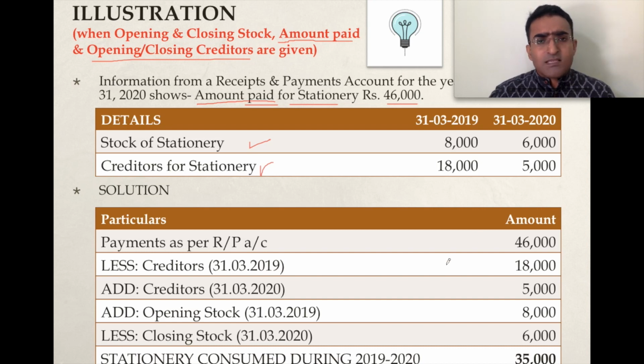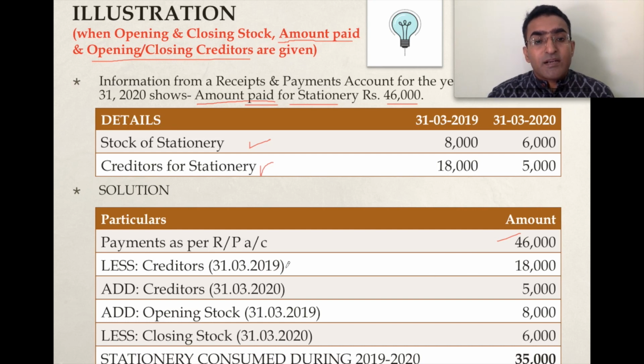See this. The same concept, 2 toffees, 10 toffees, 3 toffees that we talked about. The whole same basic concept is going on. But along with that, we are adjusting these unpaid items. Okay, so see this. 46,000 is the payment made for the stationery stuff.